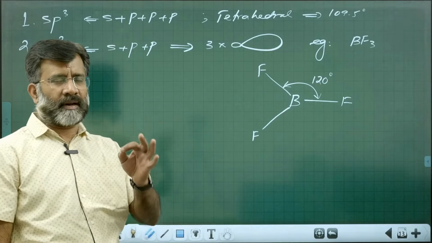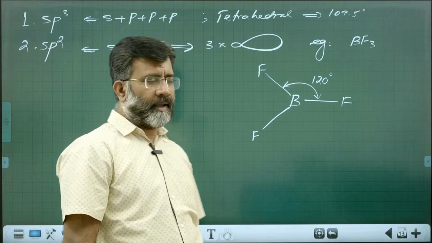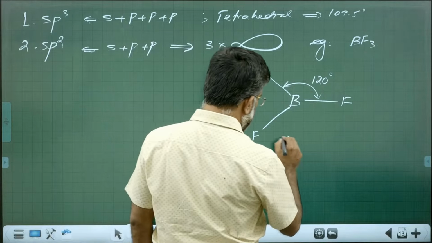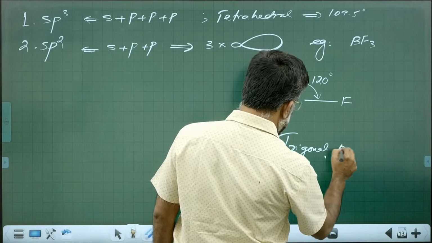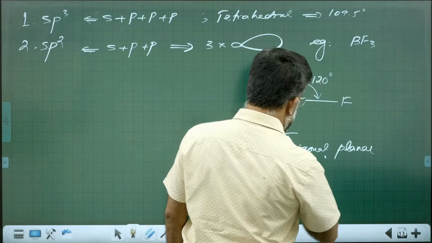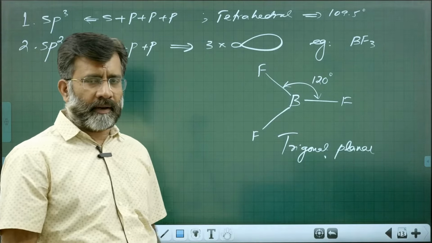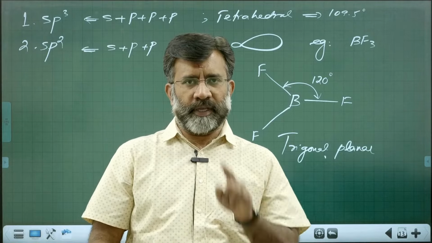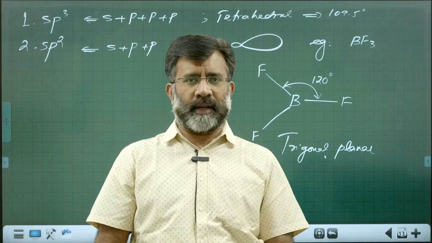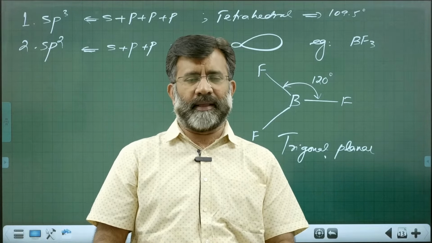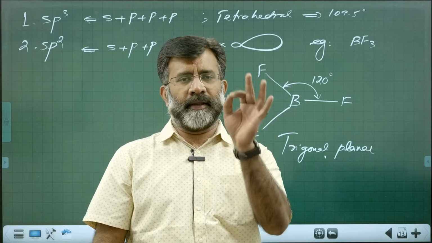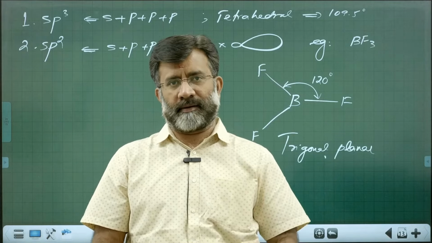It is trigonal planar in nature, or triangular planar, making a bond angle of 120 degrees. So sp3 is tetrahedral, 109.5 degrees. In sp2 there are three orbitals, three bonds around the central atom. It is triangular planar.